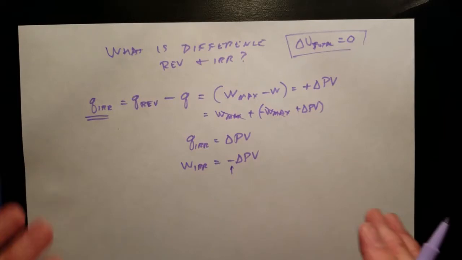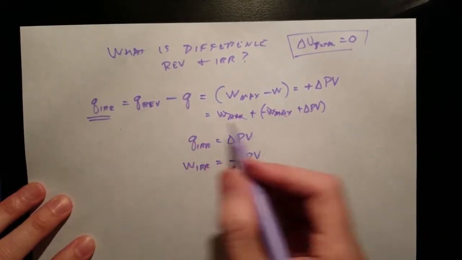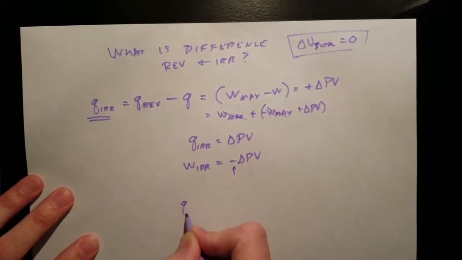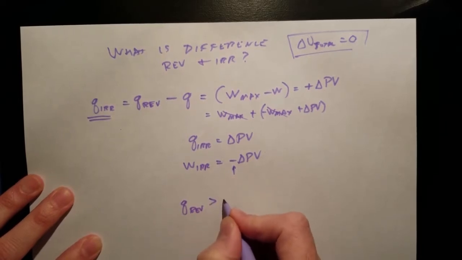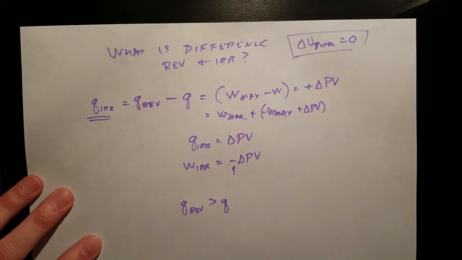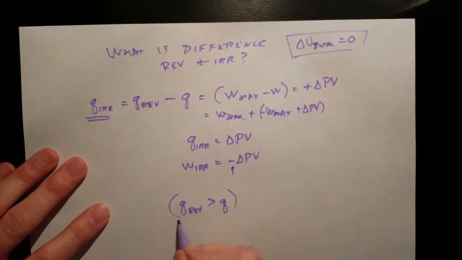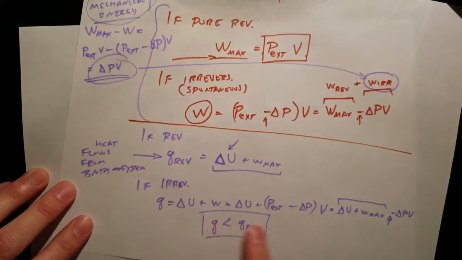So this is also then verifying for us that Q rev is greater than Q, which we'd already seen here.